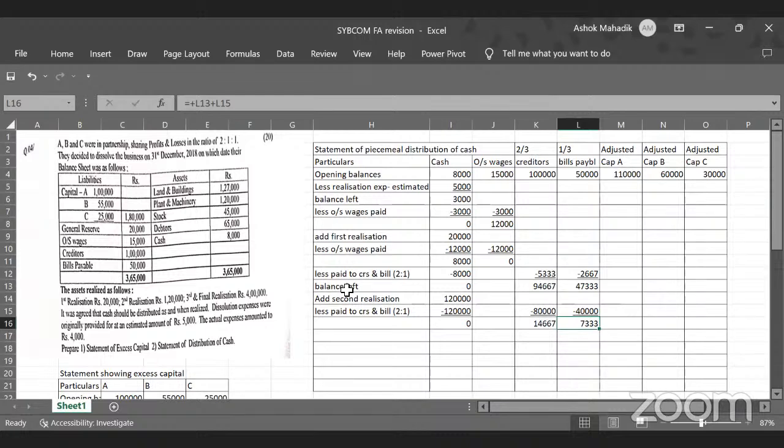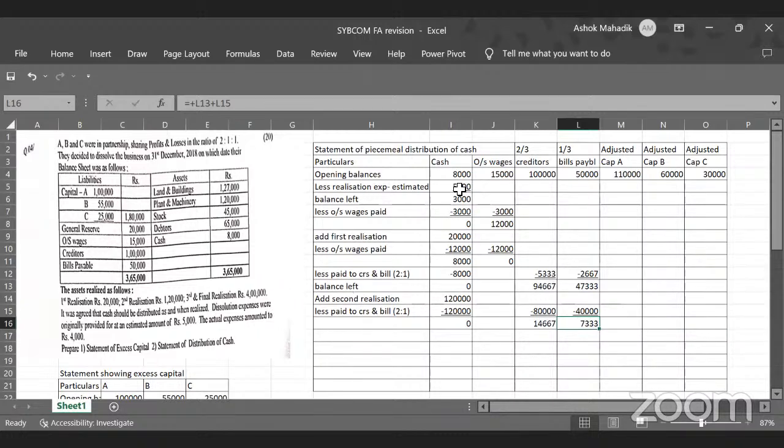They will mention in the sum secured or unsecured. Secured they will mention, unsecured they may not mention, like creditors and bills payable. These are unsecured. After that, partners' loans, and after that, partners' capitals. While writing capitals, take adjusted capitals.